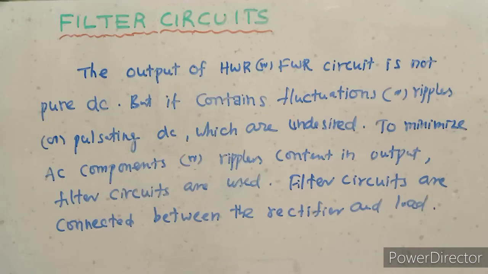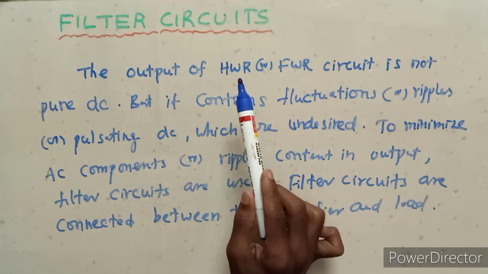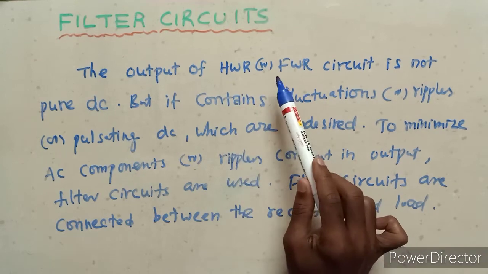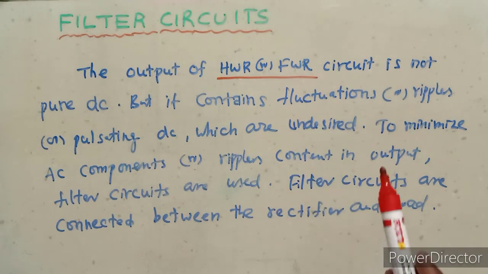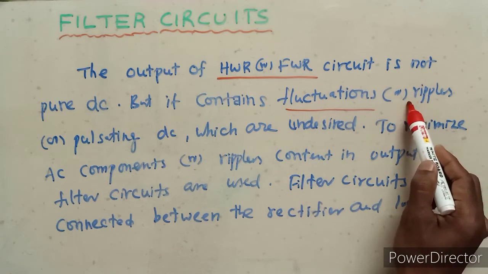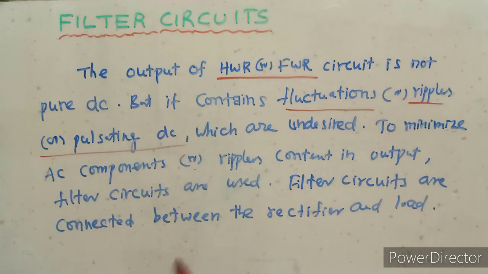Generally, the output of a half wave rectifier or full wave rectifier circuit is not pure DC. Because the output of the half wave and full wave rectifier contains fluctuations or ripples or pulsating DC.